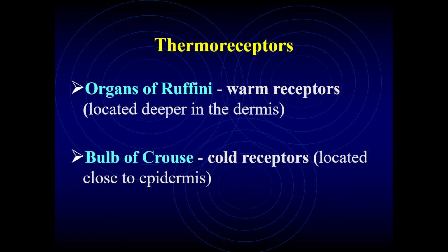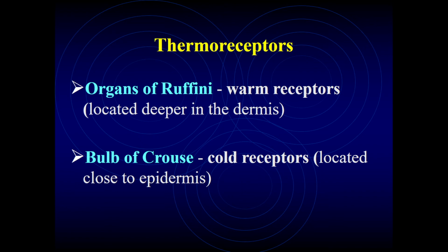Organs or corpuscles of Ruffini are warm receptors. They are located deeper in the dermis. Bulbs of Krause are cold receptors. They are located close to the epidermis.